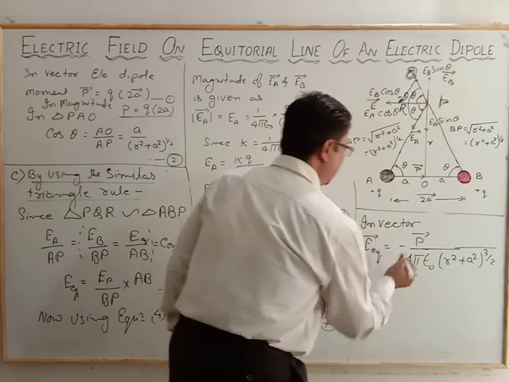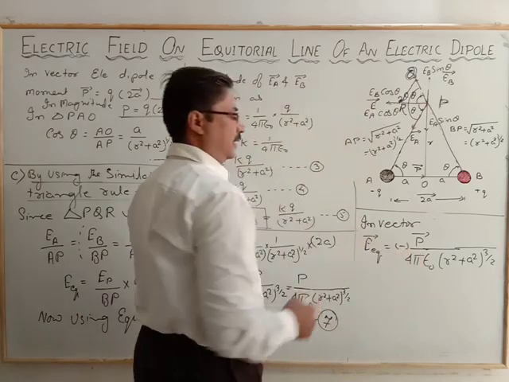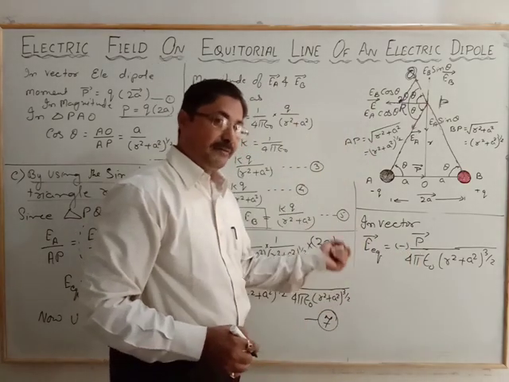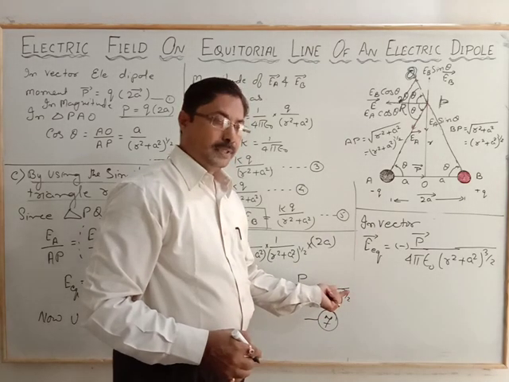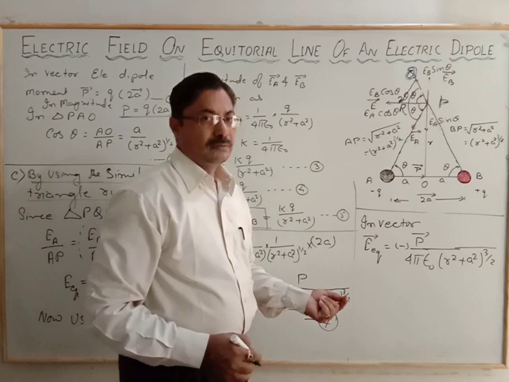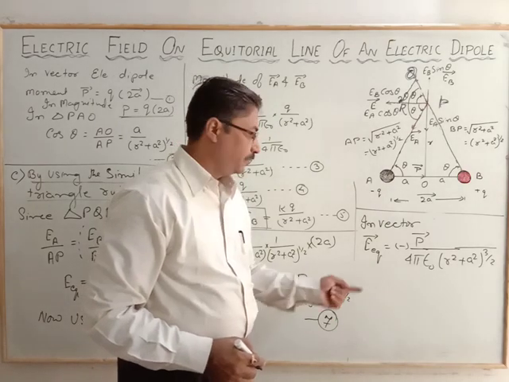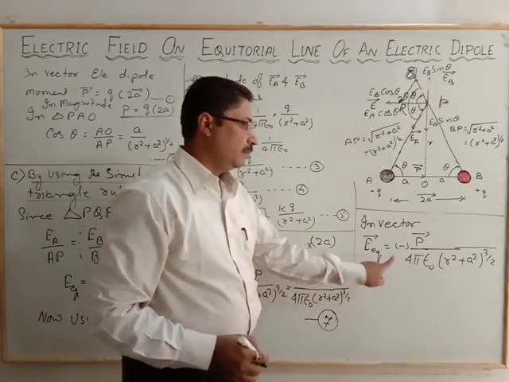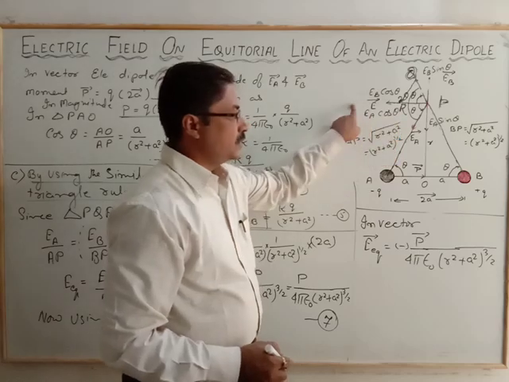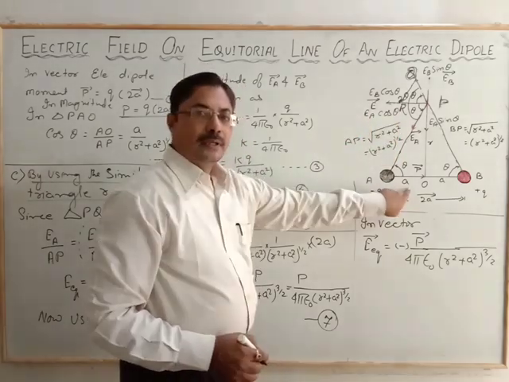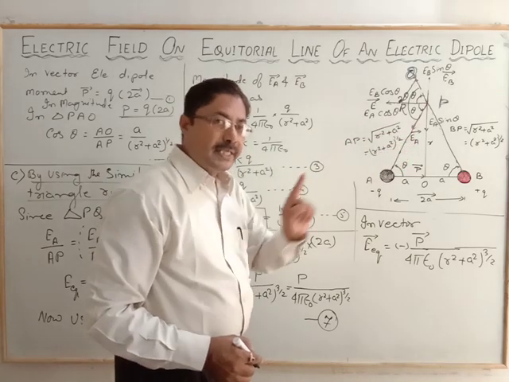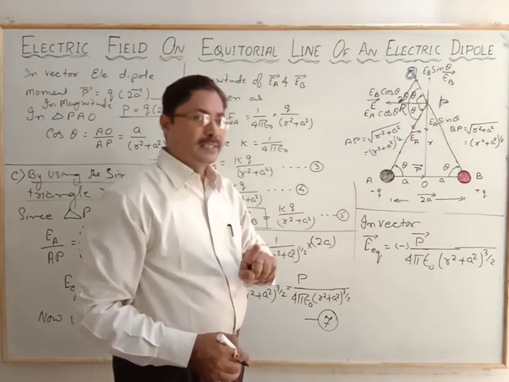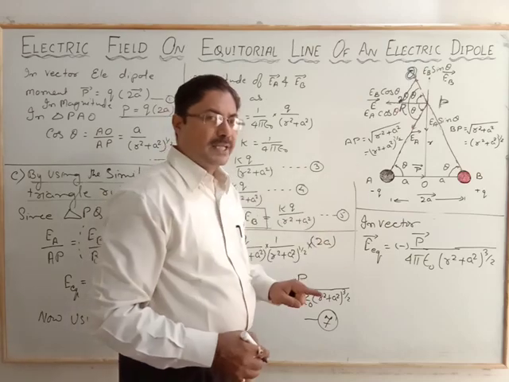This is the vector representation. That minus indicates, in every case, that the electric field is always opposite in case of the equatorial line. But in case of axial, it is always in the same direction of the dipole moment.